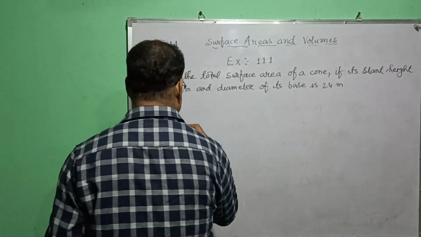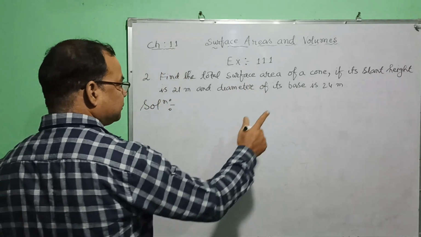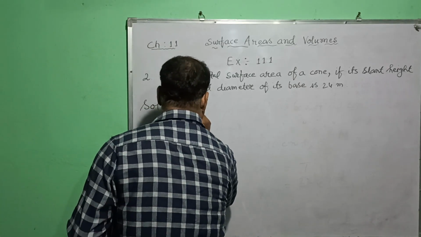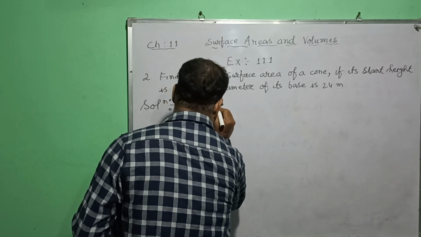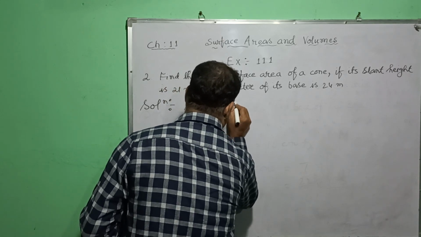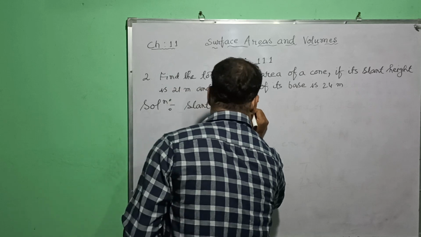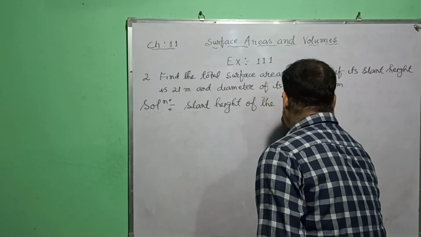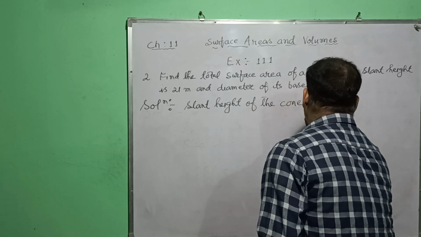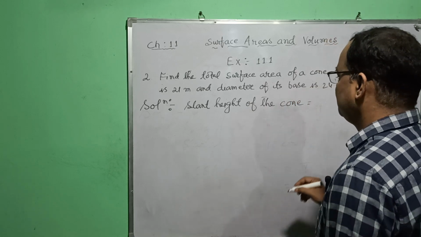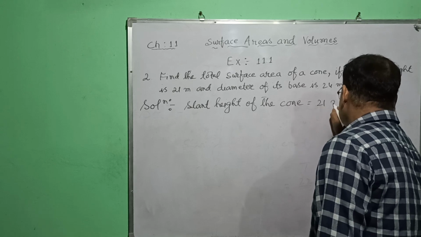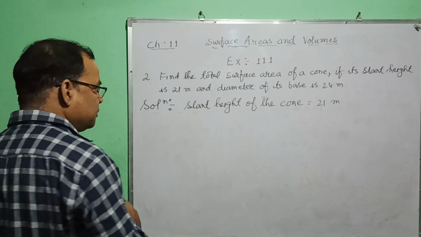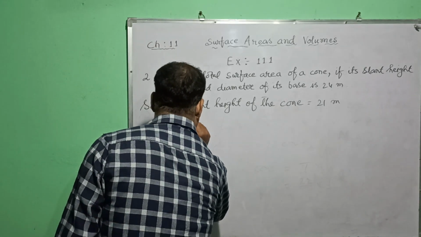So let us start. First of all, we'll write the slant height of the cone. Slant height of the cone is given 21 meter. Diameter is given, we have to convert it into radius.